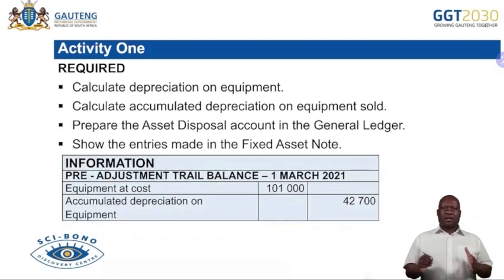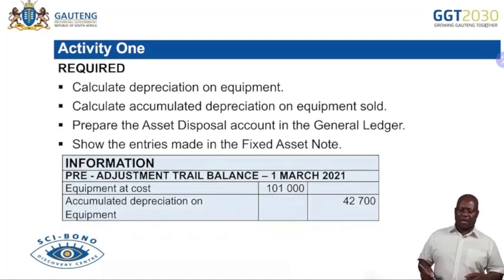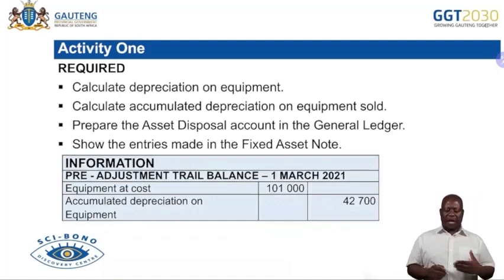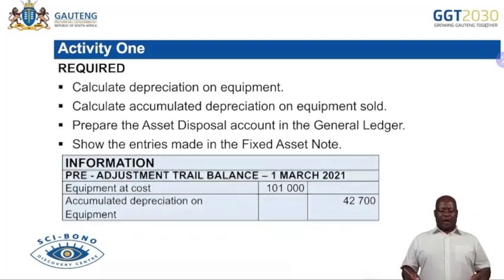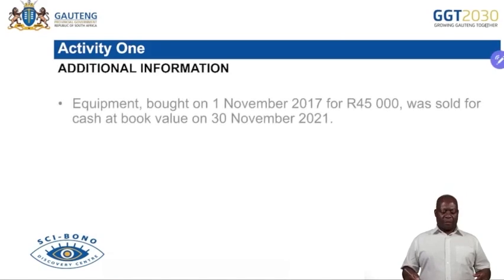So that's the year in which we are operating. So when it comes to calculating depreciation, we are calculating depreciation that falls within this bracket. Now we have got our equipment at cost 101,000. Accumulated depreciation on equipment was standing at 42,700.